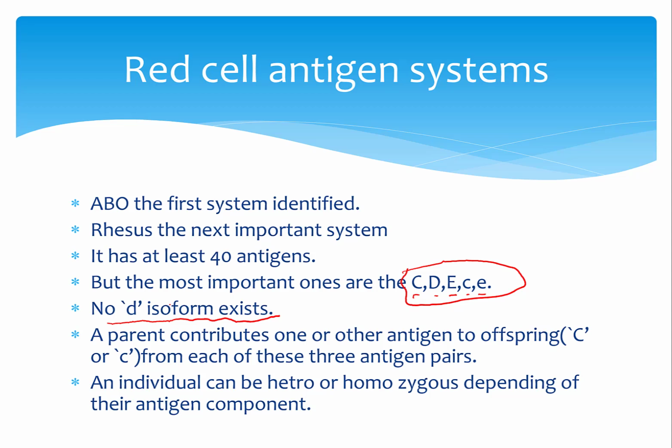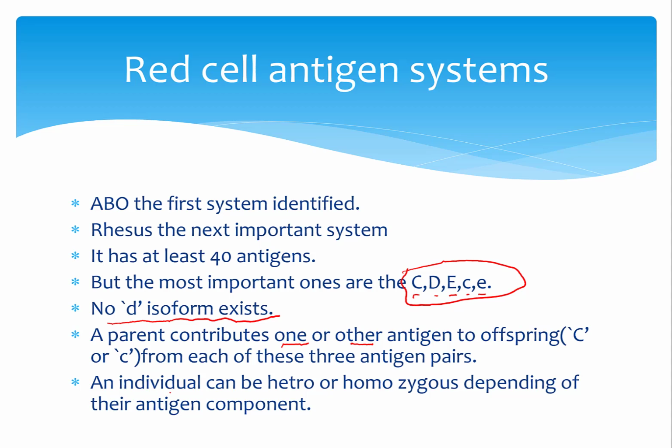The parent generally contributes one or other antigen to the offspring. Say the mother can transfer capital C and father can transfer simple c. And each of these antigen pairs, say 1 or 2 of these, can be there in the baby.